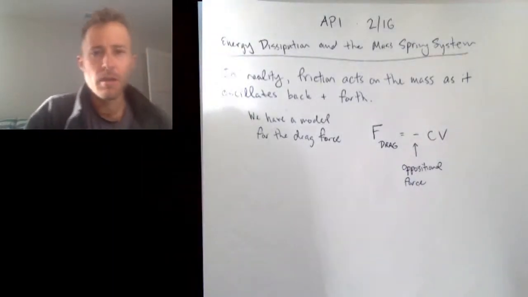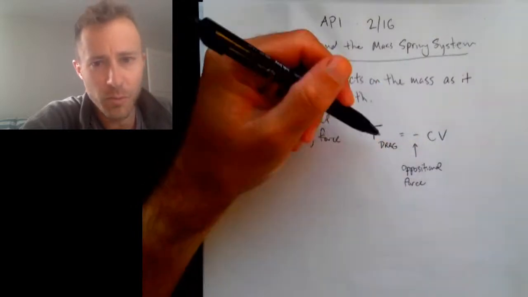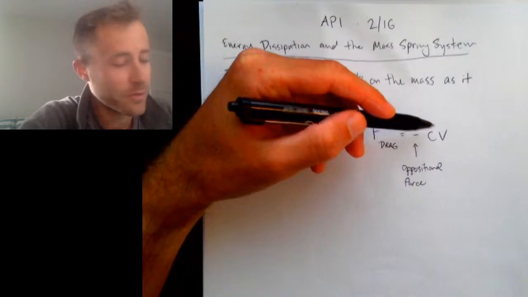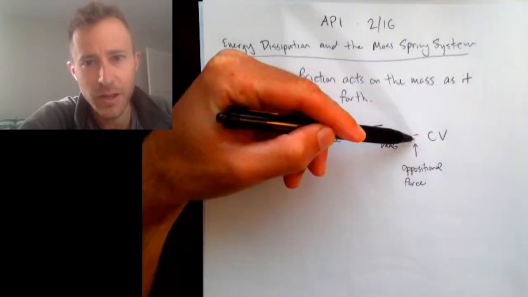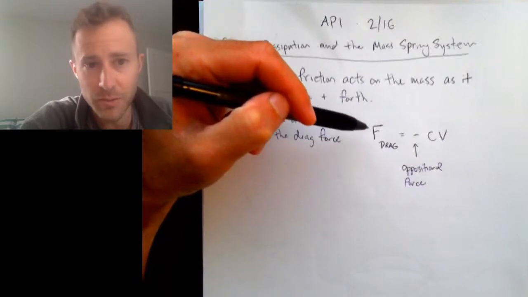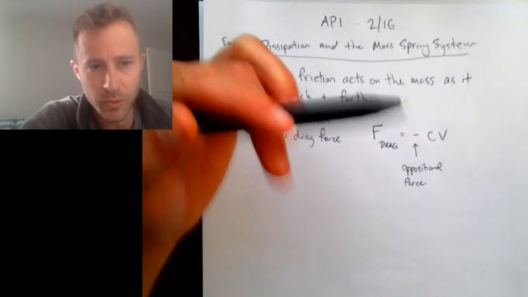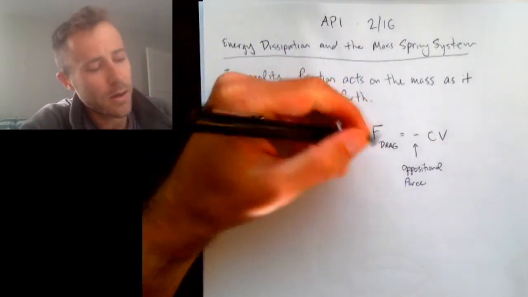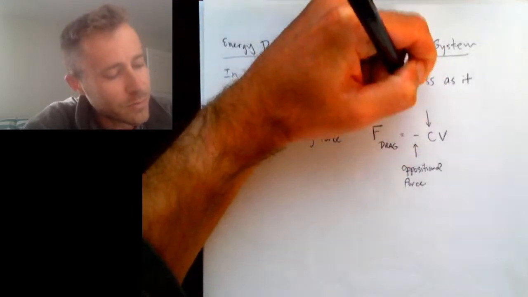And then furthermore, if you're sliding to the left, then your velocity is negative, so you have a double negative, and the drag force is going to be in the positive direction, which is to the right. So no matter which way you go, the drag force is going to be trying to slow you down. C is a constant called the drag coefficient.